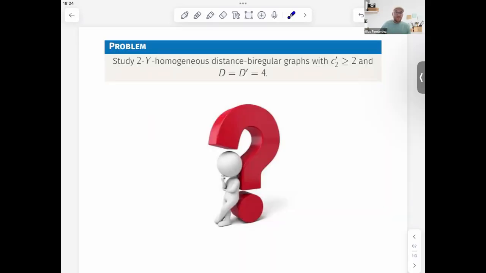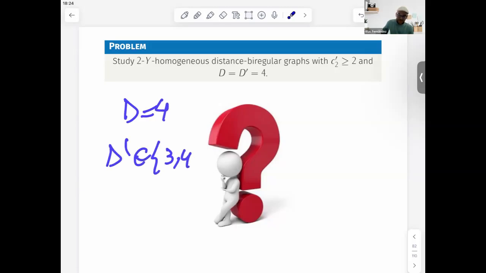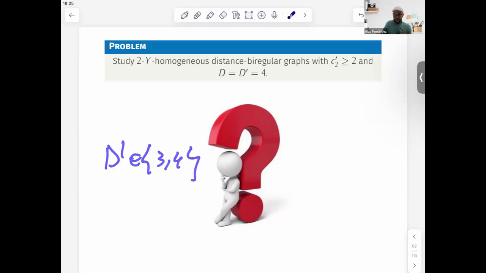And here the situation is more interesting and is really not that easy, let's say. So when d is equal to 4, we recall that d prime can be either 3, 4, or 5 in principle, but it cannot be 5, and so d prime can be simply 3 or 4.